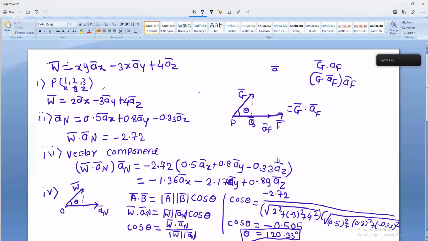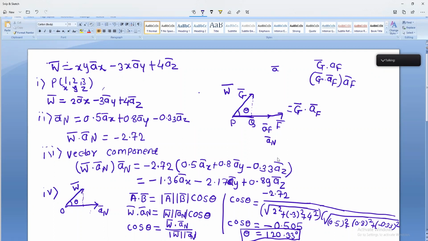Now in our case vector w bar is given, and we are projecting the vector in the direction of this n. That's why the unit vector in that direction is a bar n.